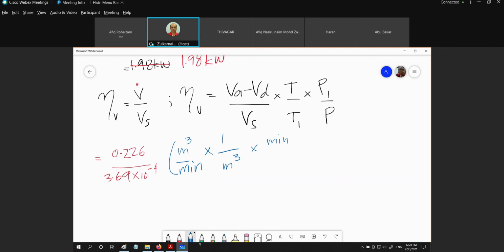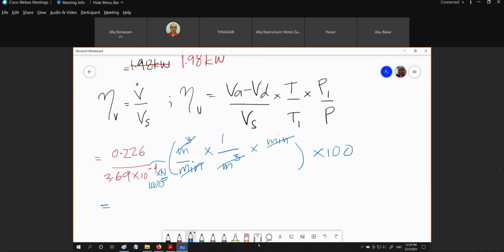Kita ada unit untuk N, so we should put the N value right here, which is equal to 1000. Baru kita cancel. And multiply by 100, dapat dalam percentage.